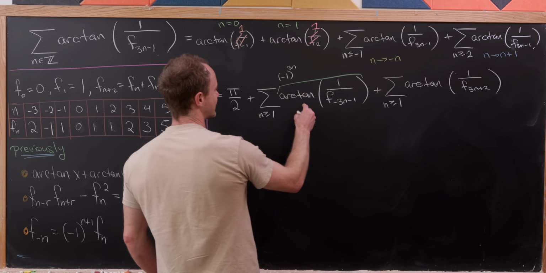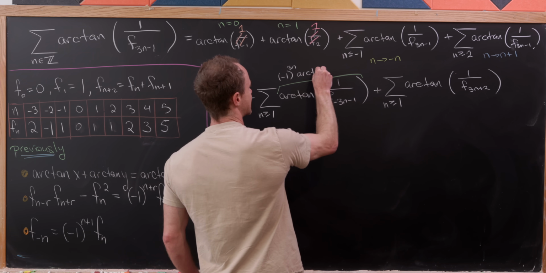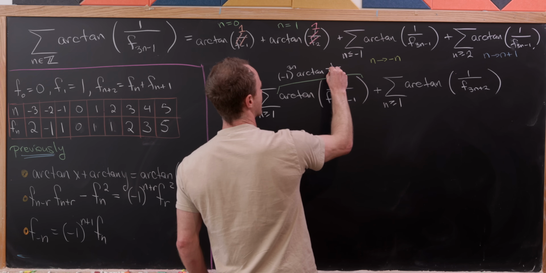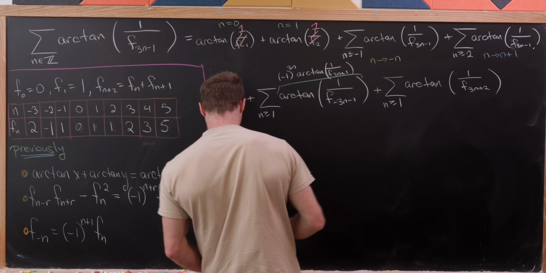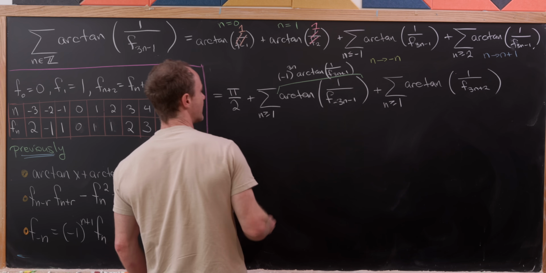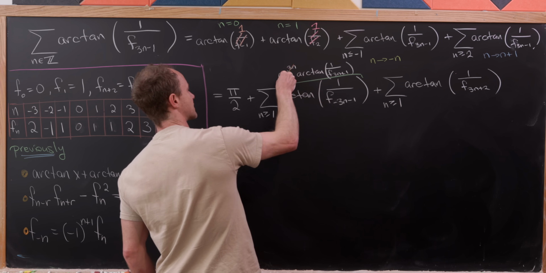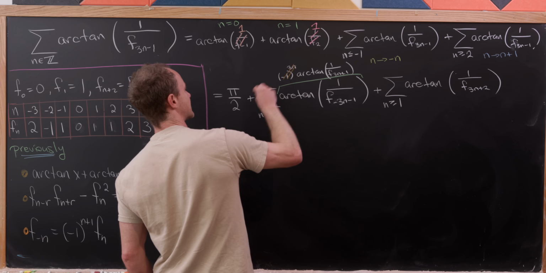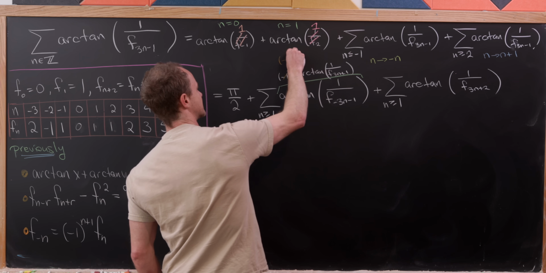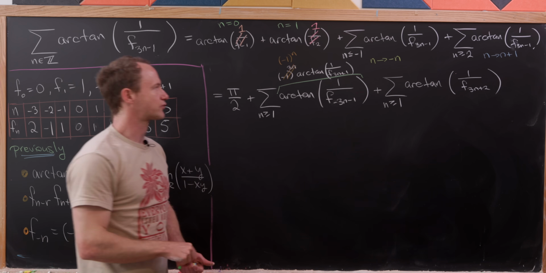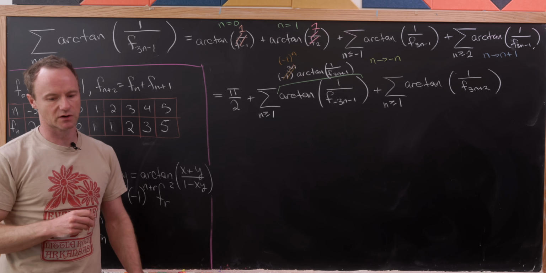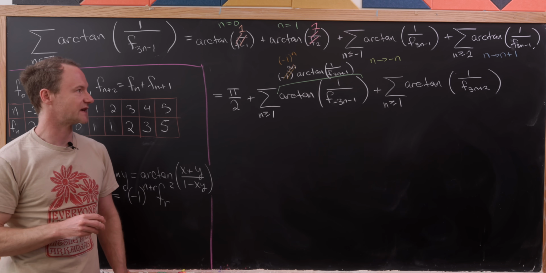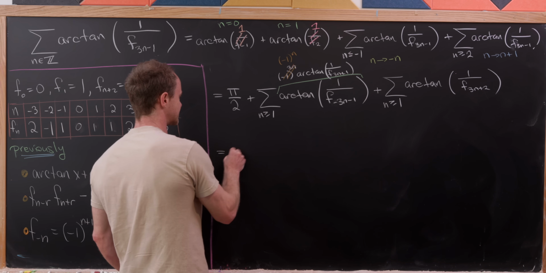And then after that, we'll have our inverse tangent of 1 over f sub 3n plus 1. Then I have to do one other little simplification here, and let's observe that minus 1 to the 3n is the same thing as minus 1 to the n. I think that's pretty clear because the 3 is not going to change the evenness or oddness of that 3 times n.